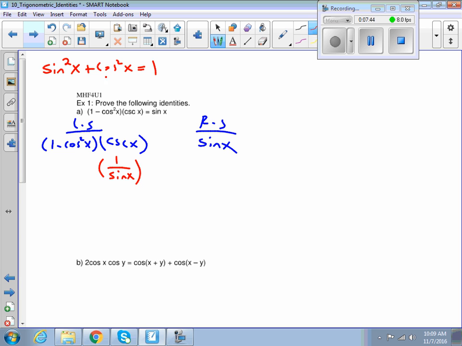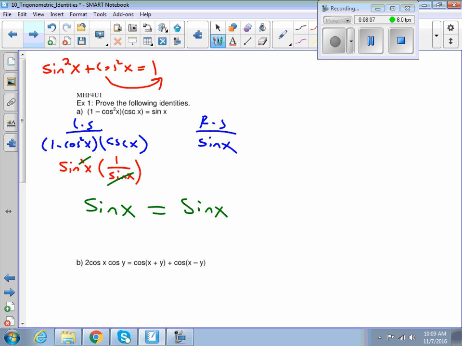Now imagine if I take the cos squared x to the other side, I get 1 minus cos squared x equal to sine squared x, which is exactly what I have here. So I can replace that with sine squared x. Now, the square and that cancel out, so I'm left with sine x times 1, which is just sine x. And on the right hand side, I have sine x.